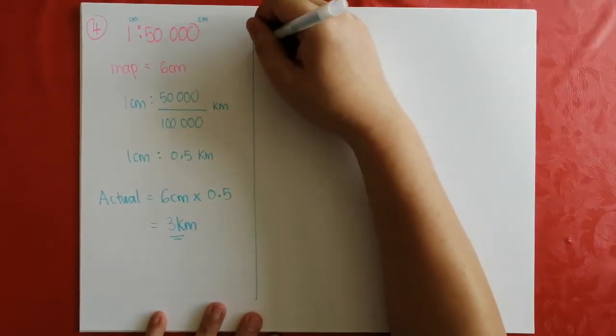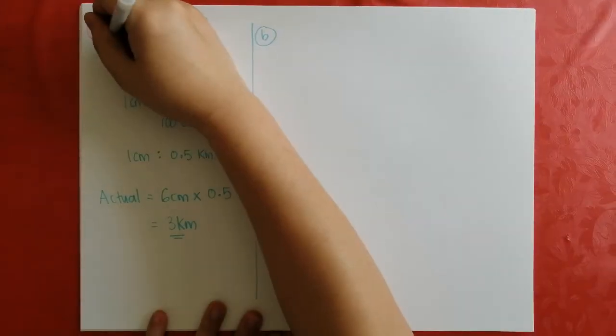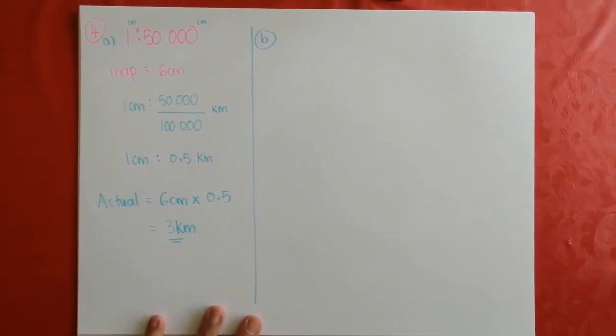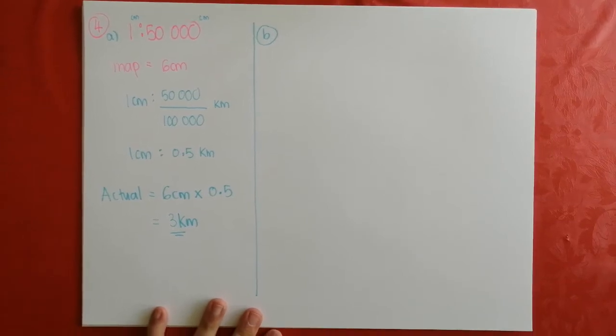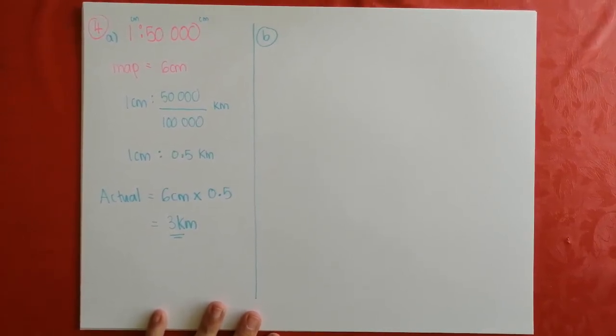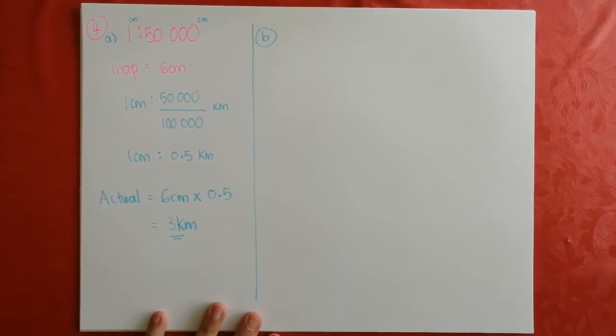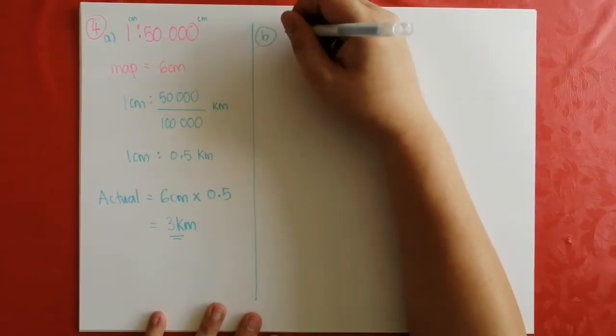Moving on to part B. This was actually part A. In part B, you are asked what length on the map represents a railway track of 12.5 kilometer. We don't know the length on the map, but we know the 12.5 kilometer, which is on the ground, which is the actual.